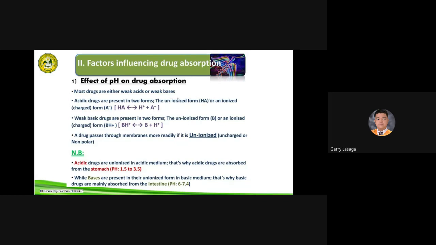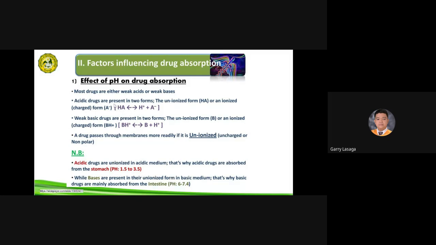From the word unionized, ionized contains a charge that could either be positive or negative, depending on whether the drug is acidic or basic. So in this equation, we have here HA. HA represents the unionized form of the acid, the acid molecule or the weak acid.